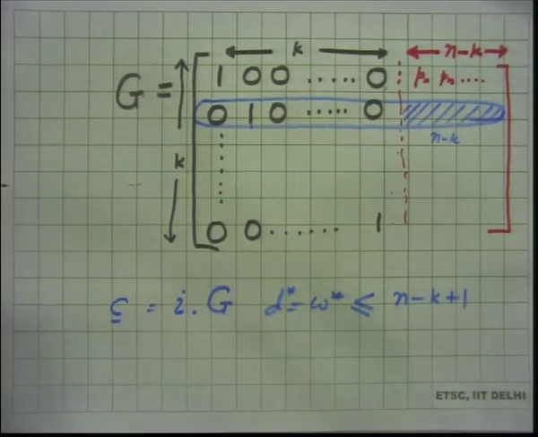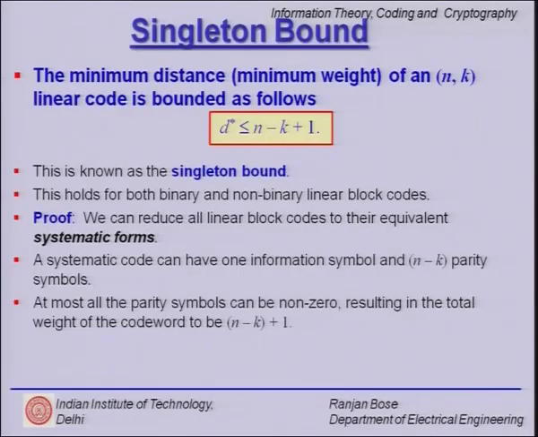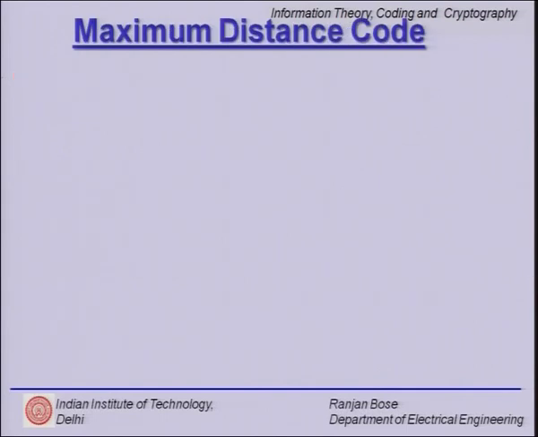So, we go back to our slides and we observe that at most all the parity symbols can be non-zero, and therefore, the weight of any code word can be n minus k plus 1. Thus, no code word can exceed n minus k plus 1. So, now this is important because consequently we will have to relate the D star to some error correcting capability.